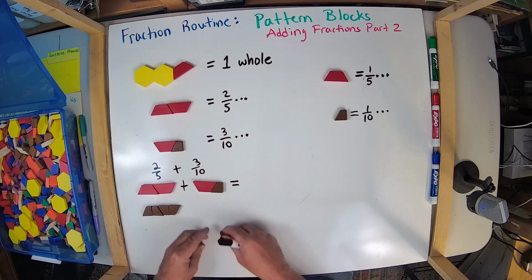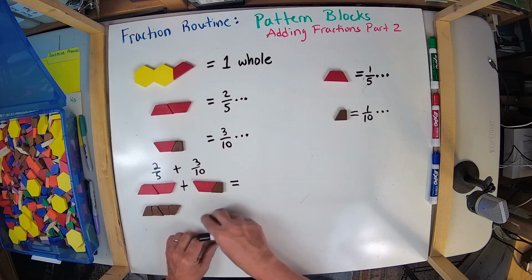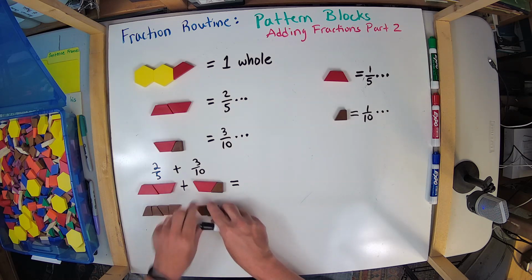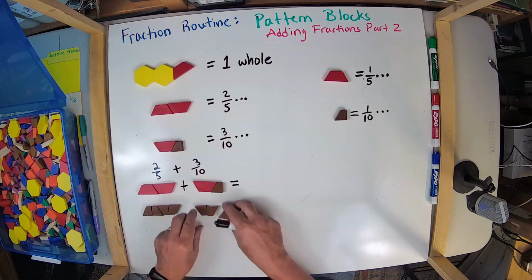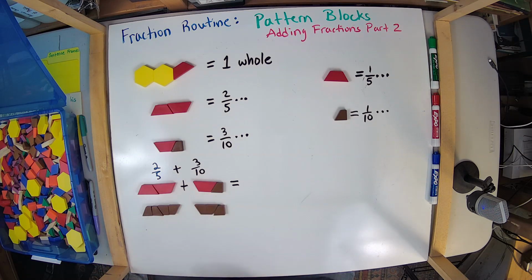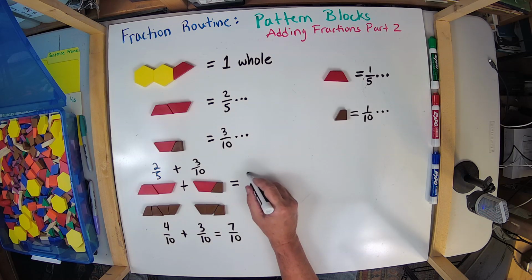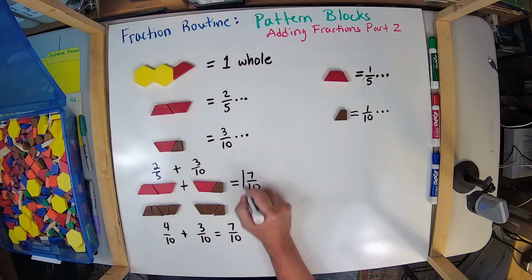And here I have another equivalent, building another, let's see there. So it looks something like this. So now what I have is 4/10 plus 3/10, and that's equal to 7/10. And that's what the answer is, 7/10.